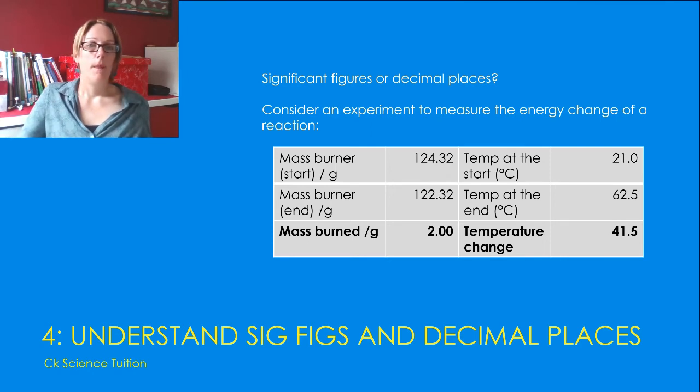Then, for my final answer, it doesn't make sense to use decimal places, because my final answer is probably going to be maybe 1,000 or 2,000 kilojoules. I don't want to put 2 decimal places on that. That becomes a 6 significant figure number, which is way more accurate than the data I put in.